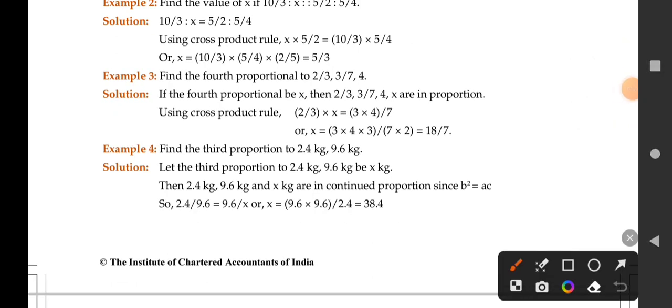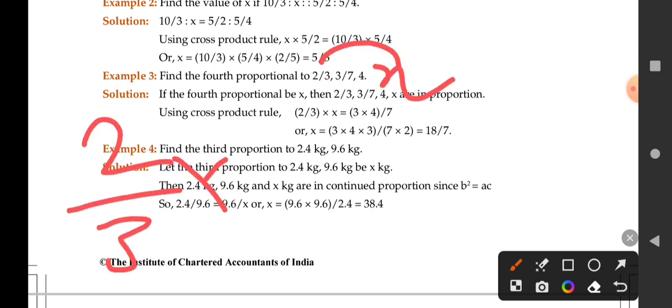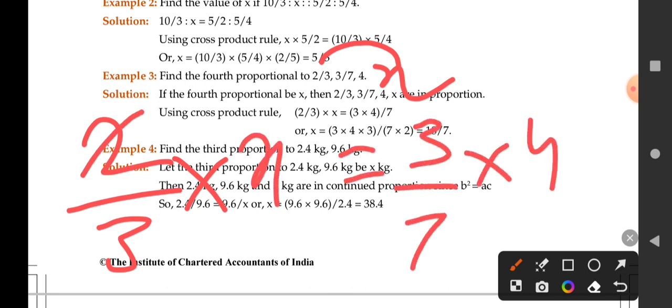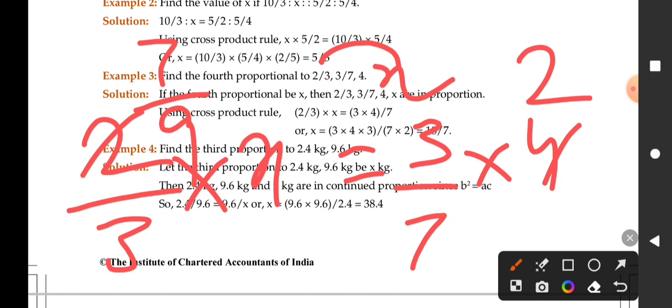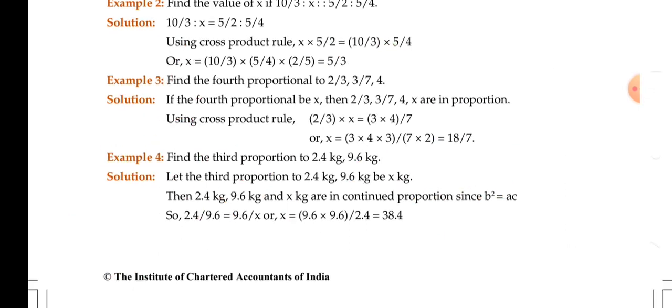In the third example as well, you are going to solve for the fourth proportional. So the fourth is x, suppose. So 2 by 3 into x is equal to 3 by 7 into 4. Sorry, just a minute.